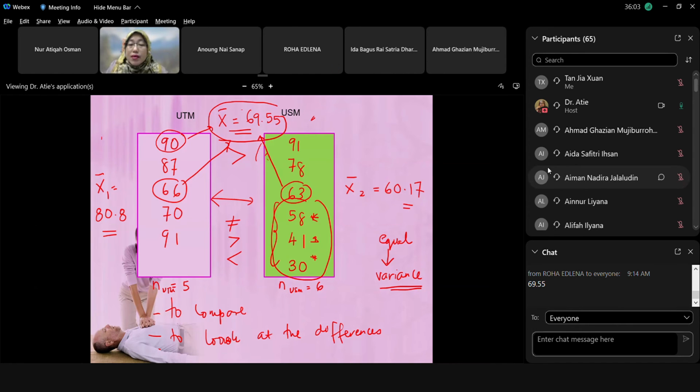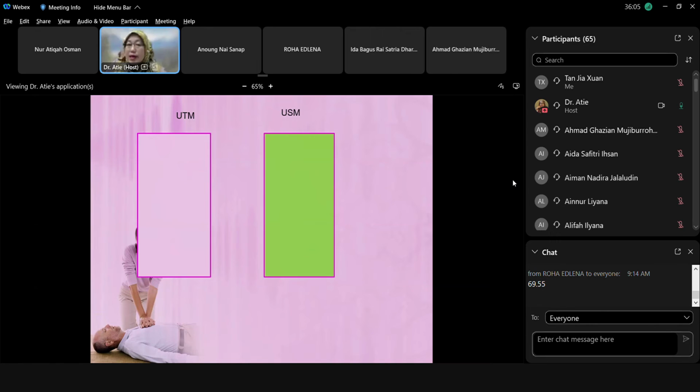Okay, right. So again, in our case, it's good if we have people, and we want to compare these two groups.